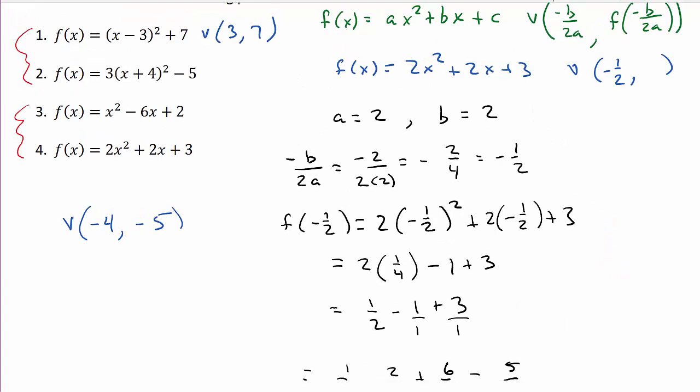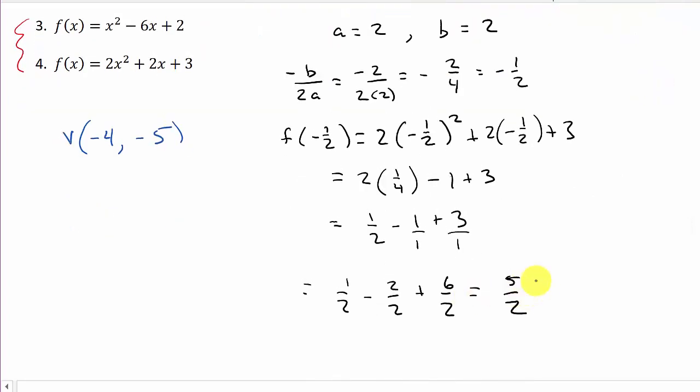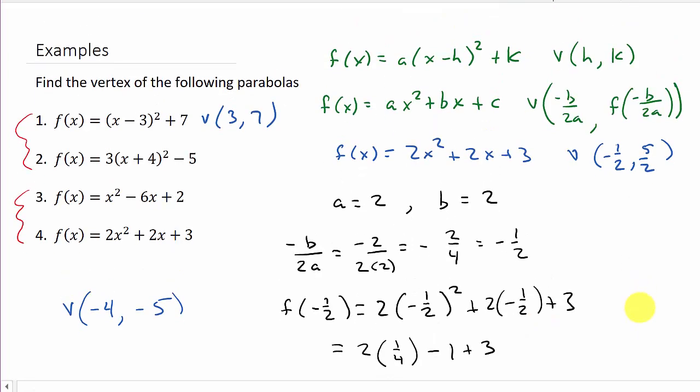And so this is going to be 5 over 2. I just did that real quick in my head. Let me check, because I know the comments I'll get if I did it wrong in my head. Yep, it's 5/2. All right, so that's how you find the vertex of a parabola.